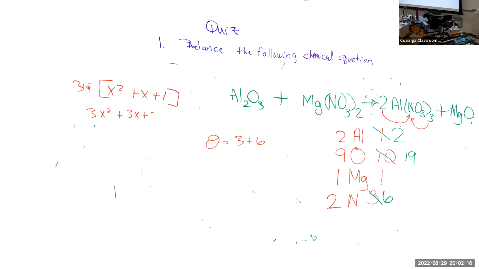Okay, why are we adding a 3 in front of magnesium? Okay, so if I put a 3 in front of magnesium, I now have 6 for nitrogen, I now have 3 magnesiums. How many oxygens do I have? 3 times 3 times 2 plus 3.